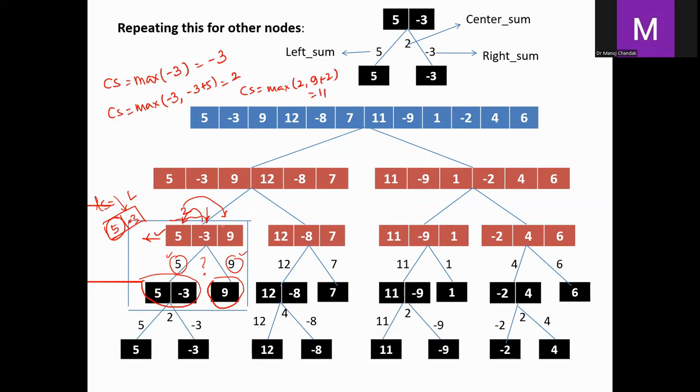So I have three values for this array: one is 5, one is 9, and one is 11. And out of these three, I'll pick 11 here.